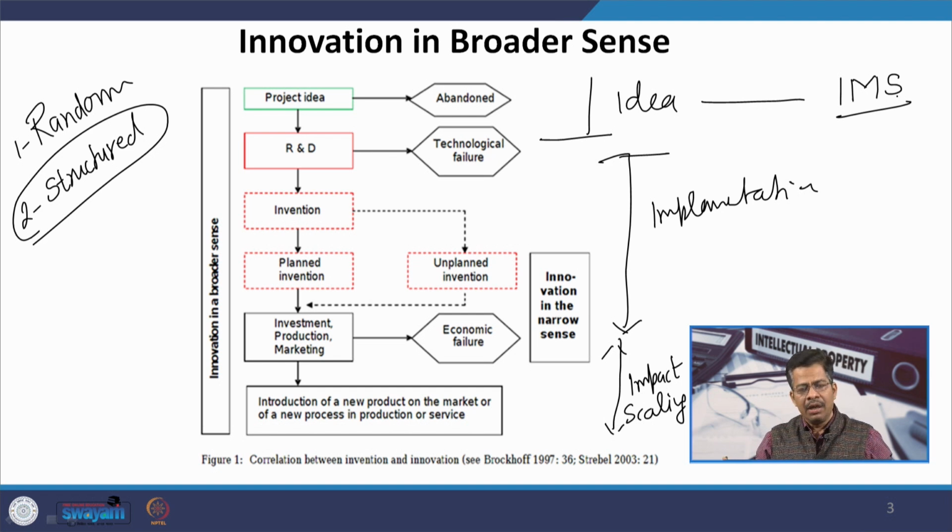And then if the idea is successful, if it is properly implemented, then for scaling that idea, whether I am providing some kind of seed fund, whether I am providing opportunity to make a company out of that idea, or I am going to give some kind of share to my inventors for developing these ideas. All these things are part of a proper structured environment for promoting innovation in my organization.